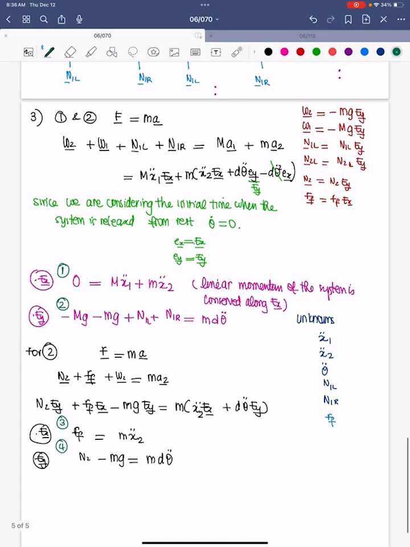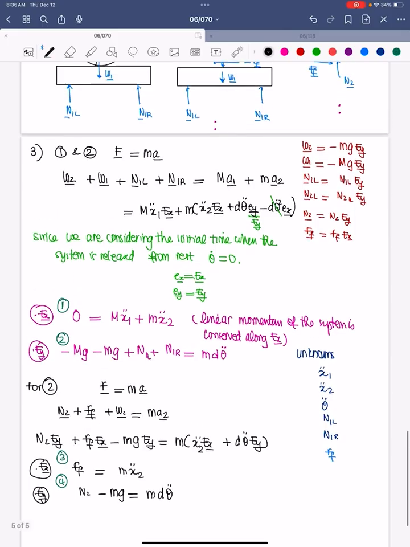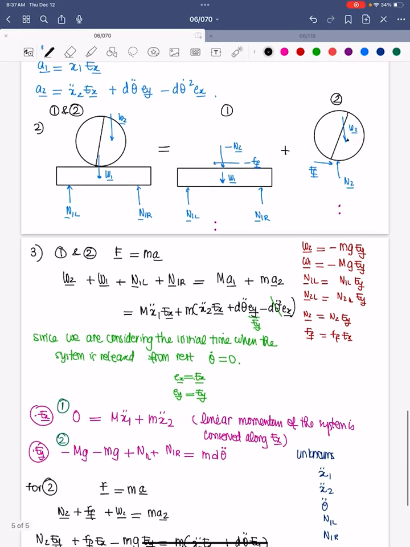So now I need to get 2 more equations, the balance of angular momentum. Well, let us see. The balance of angular momentum for this system might not make sense. Maybe we'll do it for this.